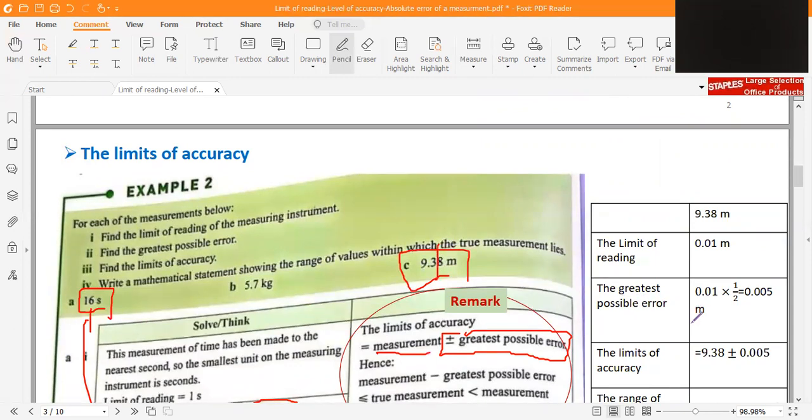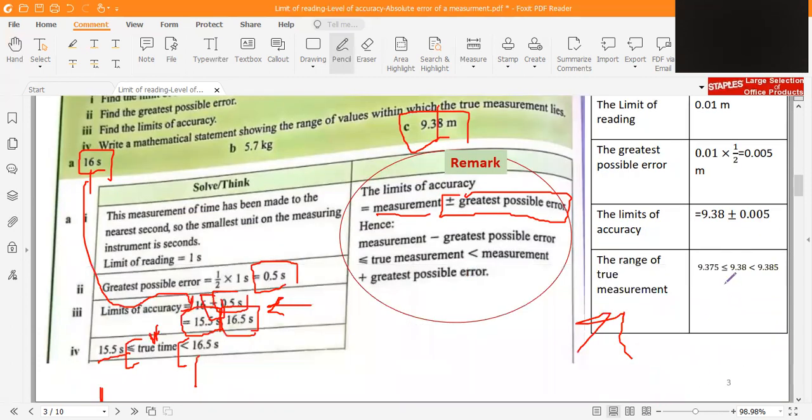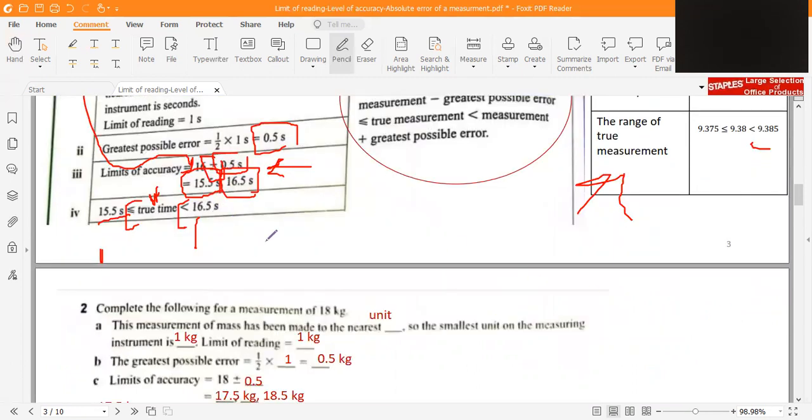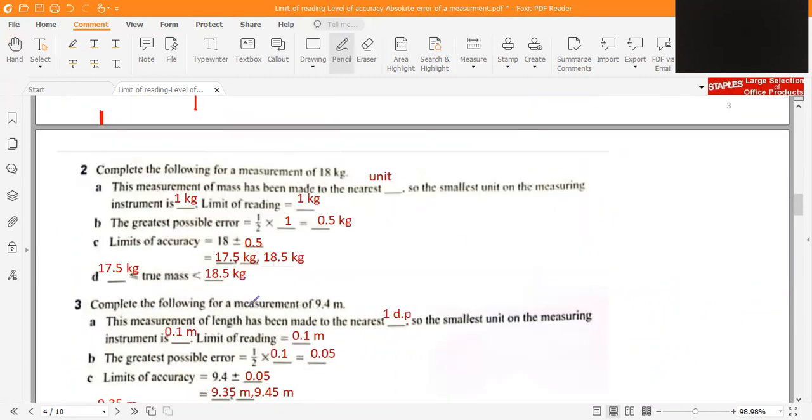Okay, so we obtain the limits of accuracy, the lower and the upper limit, by subtracting and adding the error 0.005. So we obtain as range 9.375 and 9.385. We can complete the following measurements in the same way.